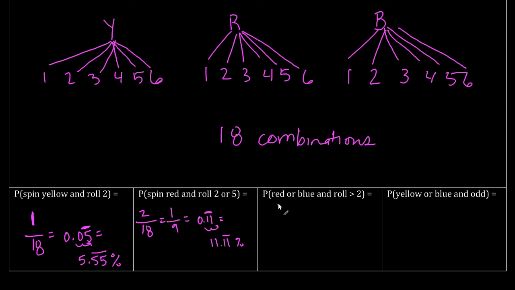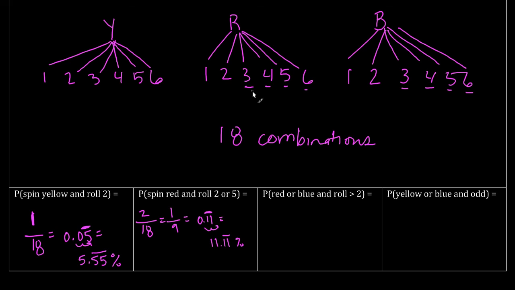All right, so that's the probability of a red or a blue, and then roll a number bigger than 2. So red or blue, red or blue. This one I'm probably going to have to write a little bit, and roll a number bigger than 2. So I can get red 3, red 4, red 5, red 6, or I can get blue 3, blue 4, blue 5, blue 6.